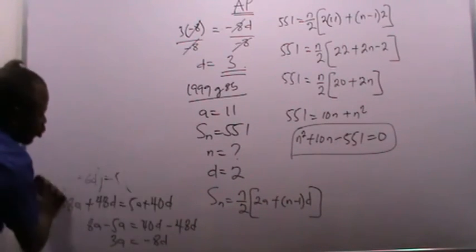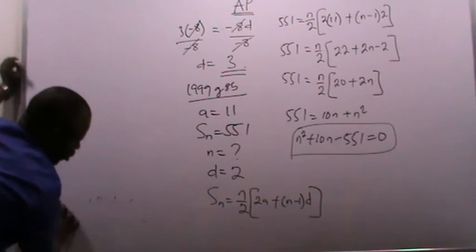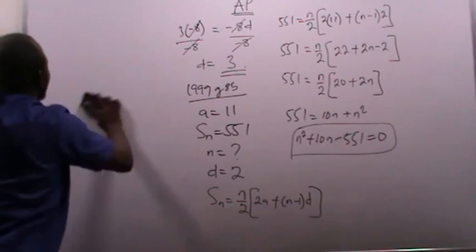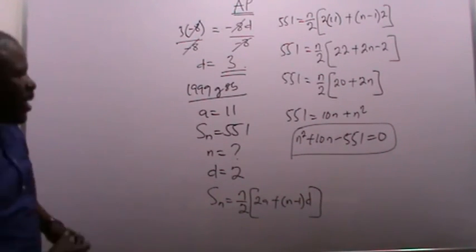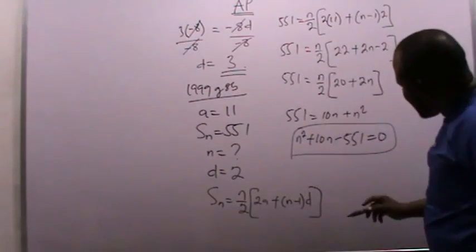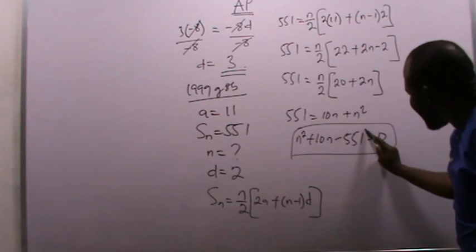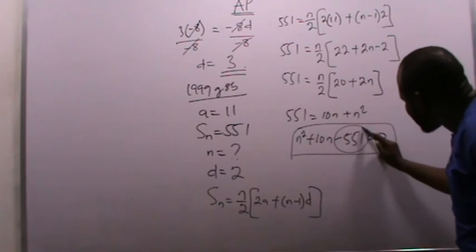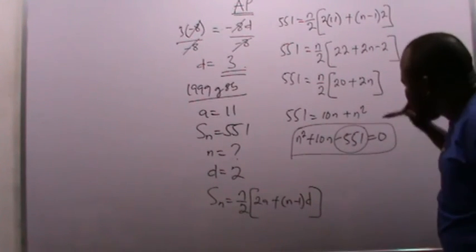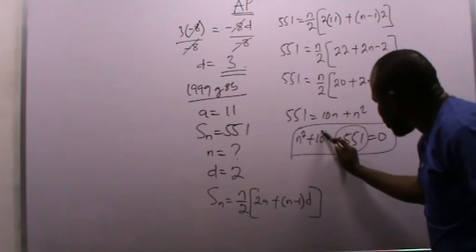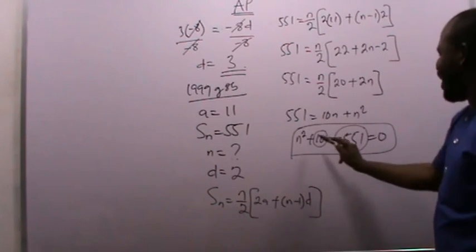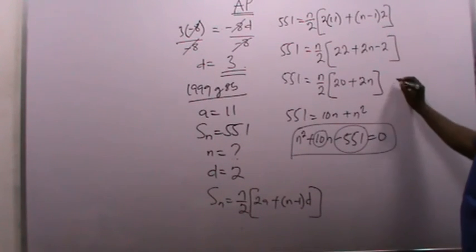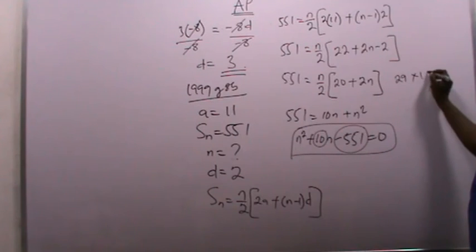Now, for you to use factorization to solve a quadratic equation, you have to look for the 2 factors. You look for 2 numbers that when you multiply them, you're going to have minus 551, and when you add the same 2 numbers, you're going to have 10. Let's consider these 2 numbers: 29 times 19.